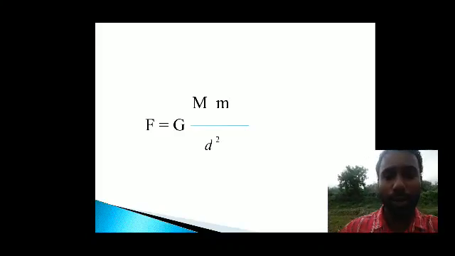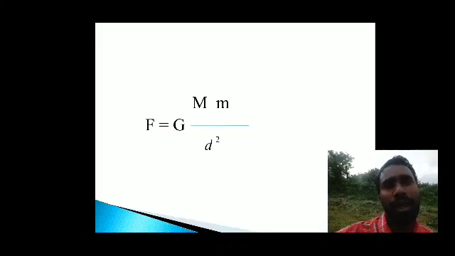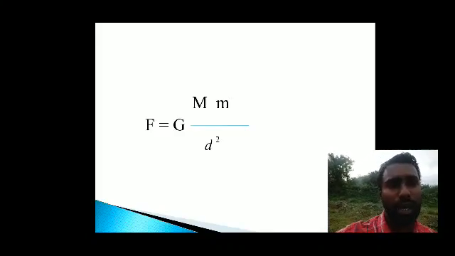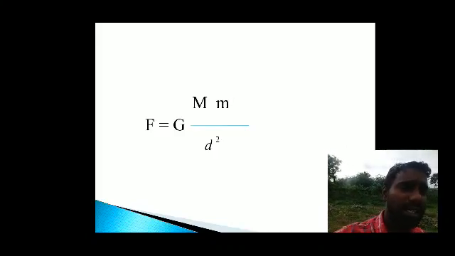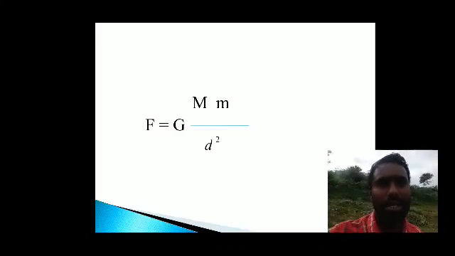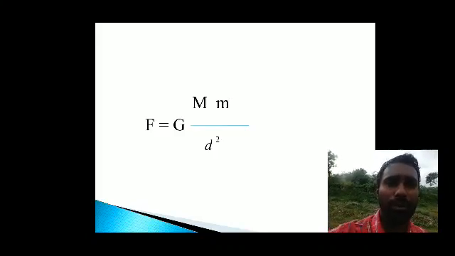So F is equal to G, where G is a constant. So F equals G into M m divided by d square.